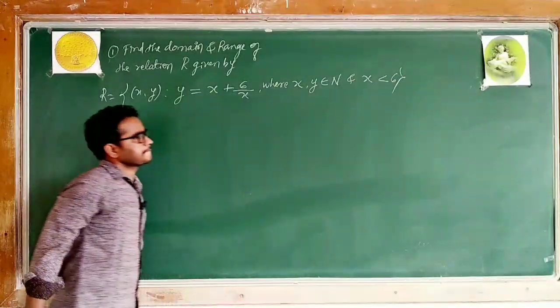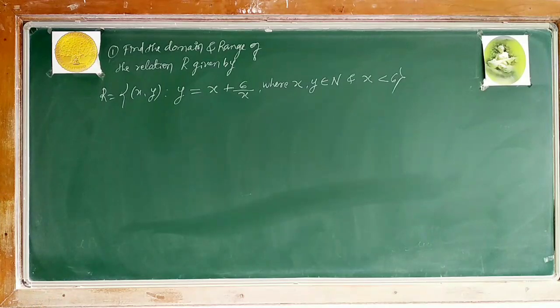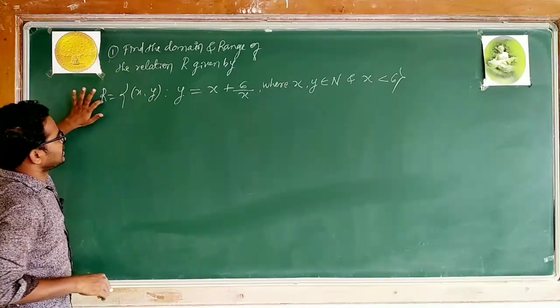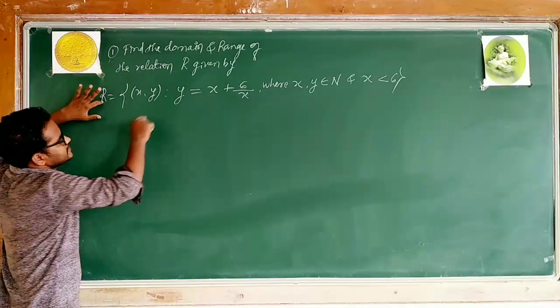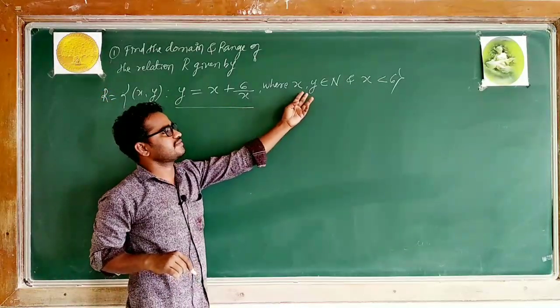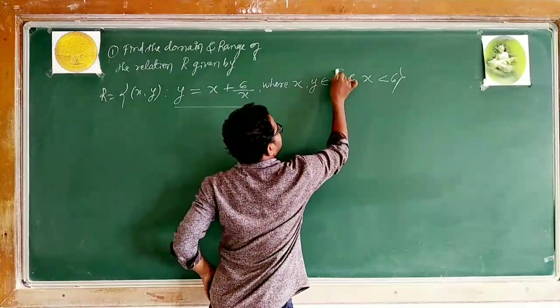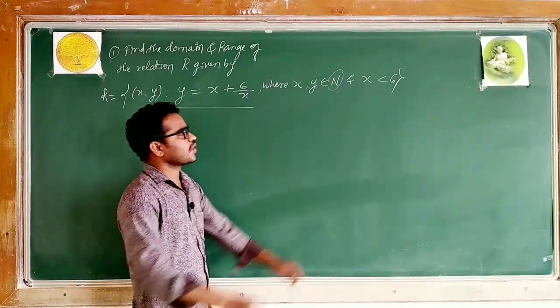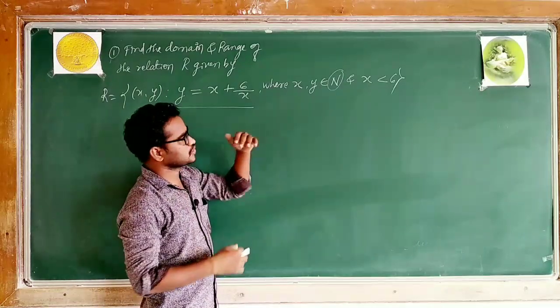Listen, what is the problem? Find the domain and range of the relation R. Here x and y both are natural numbers. Keep in mind, natural numbers are counting numbers, starting with 1 up to infinity: 1, 2, 3, 4.